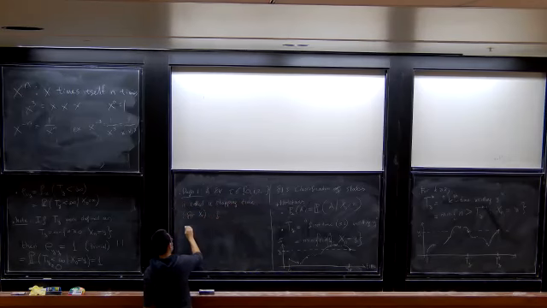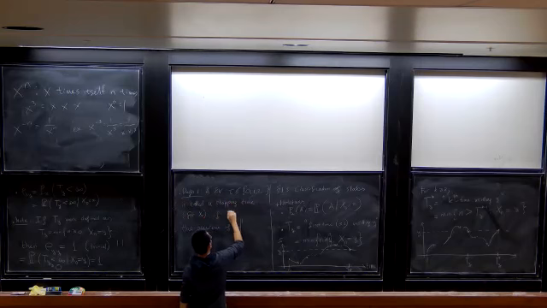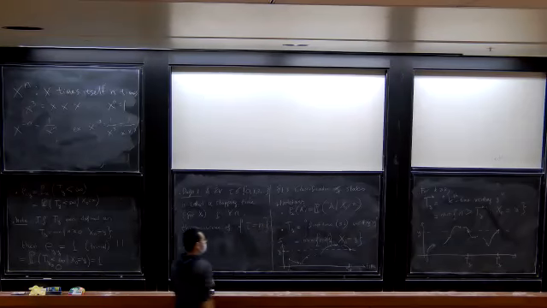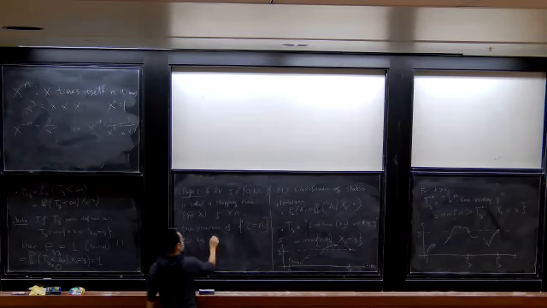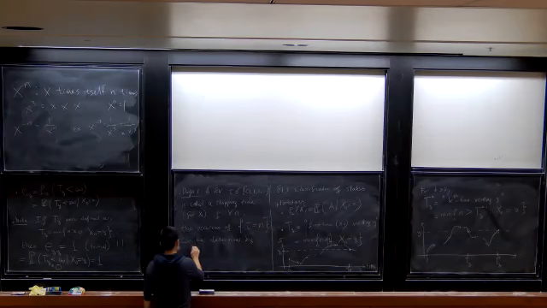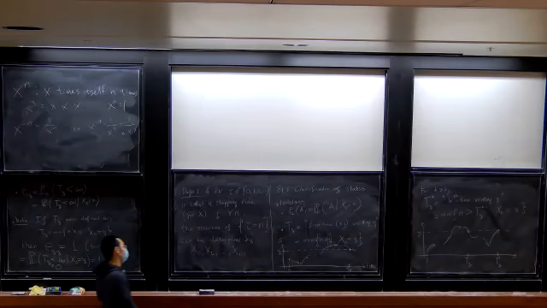If for all n, the occurrence of the event tau equals n can be determined by the random variables X_0, X_1, up to X_n.